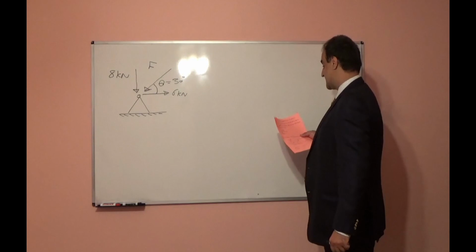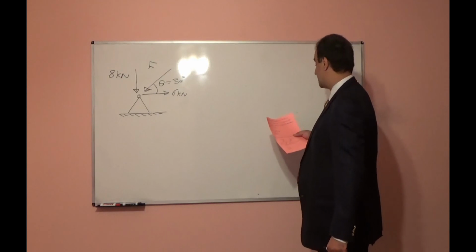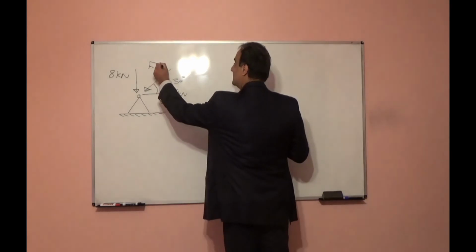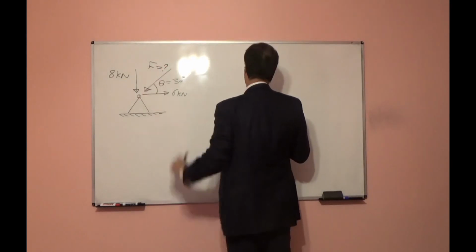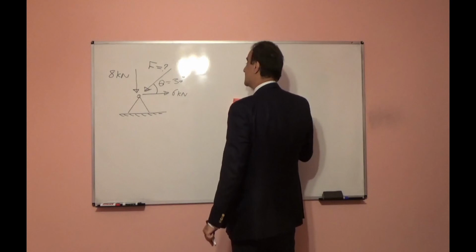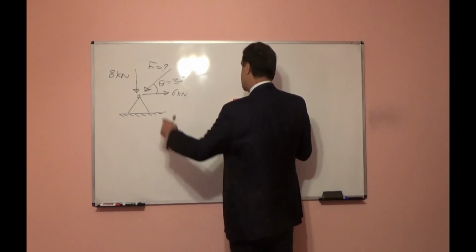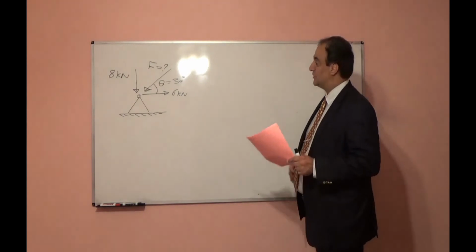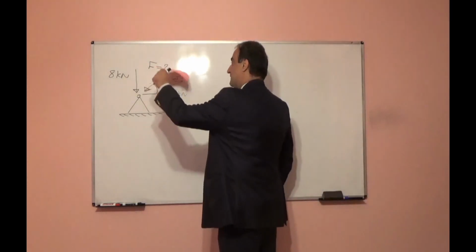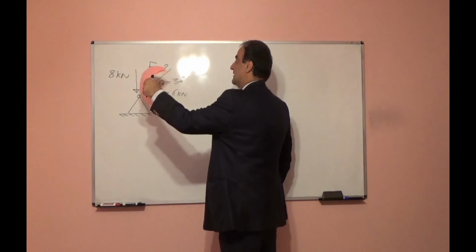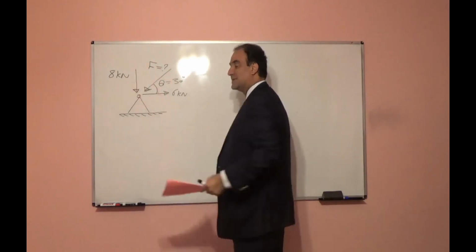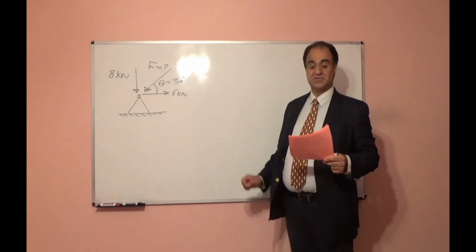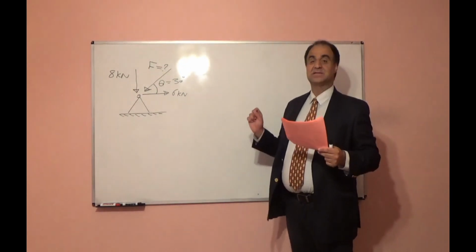The problem statement says, determine the magnitude of force F so that the resultant force of the 3 forces is as small as possible. So we want to find the magnitude of F in a way that makes the resultant force of these 3 forces as small as possible.